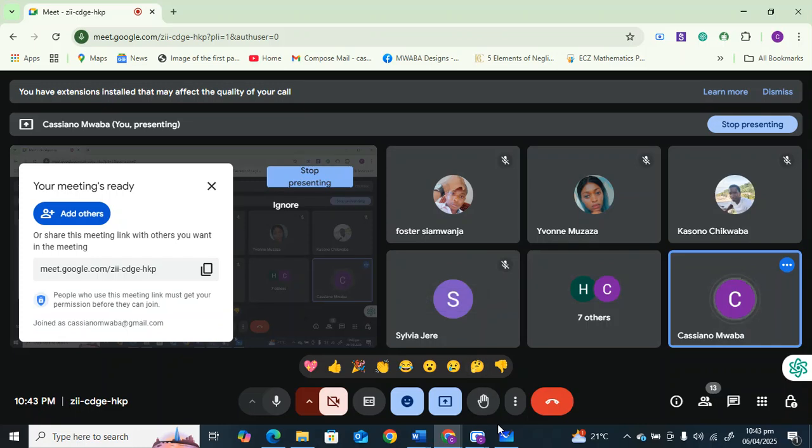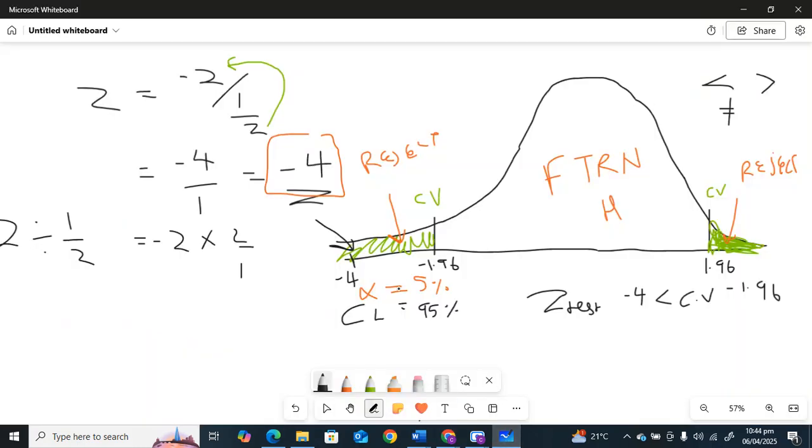As I said, when your confidence level is 95%, your critical value is negative 1.96 and positive 1.96. Are we okay with that, colleagues?